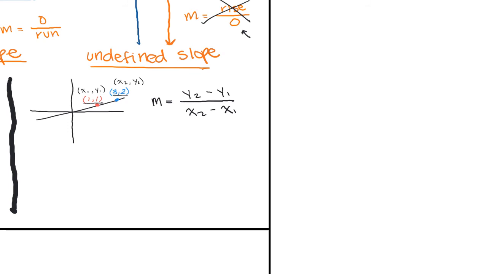So we've got our first coordinates, 1, 1. That's going to be our x1 and our y1. So I'm going to plug those into my equation right now. So our x1 coordinate is right here. It is 1, right, minus 1 right here.